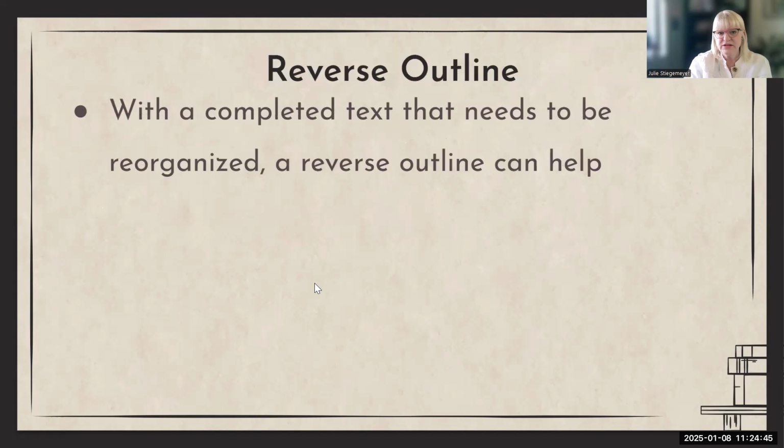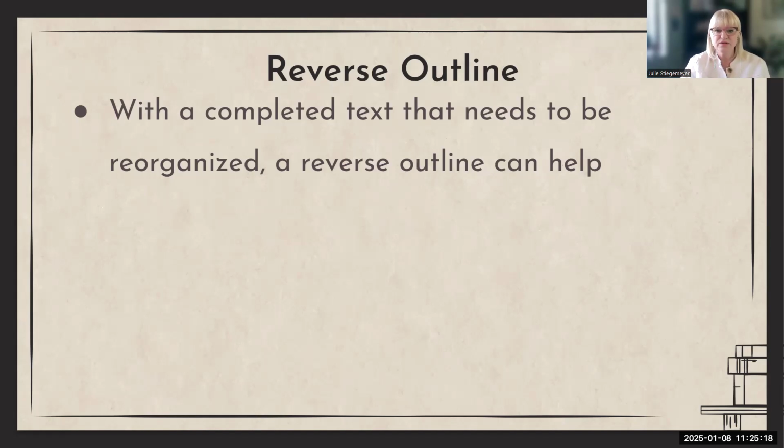The last strategy under coherence is one that is used sometimes. I use this with students. If a full text is written, but it seems to need reorganization. So for example, let's say there's a chapter 2 or a literature review where there's maybe one paragraph about one topic, and then 2 pages later, there's another paragraph about that same topic, but they're not placed together.